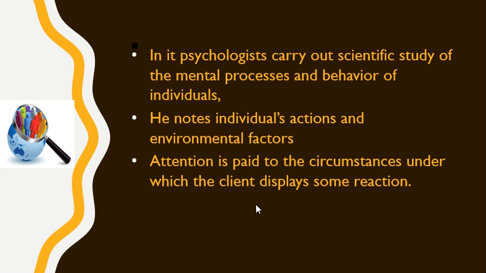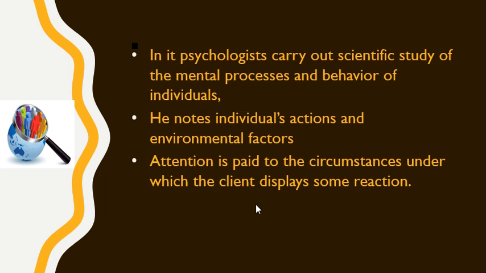So what is called external observation is basically the method of behavioral observation. We observe the external behavior of individuals, and for this, more than one psychologist can be working. We are studying the behavior of the individual in response to a particular stimulus or in a proper environmental setting, how the environment is affecting his behavior.